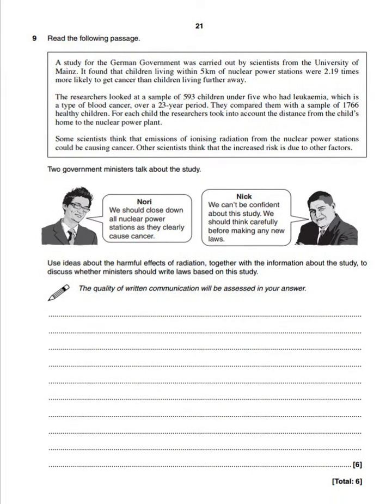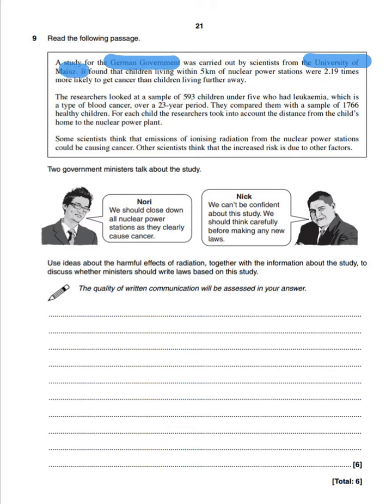This next one then is a much harder question. It requires you to have knowledge from several different areas, so it's targeted at A star students or up to them. So it gives you a passage. A study for the German government was carried out by scientists from the University of Mainz.